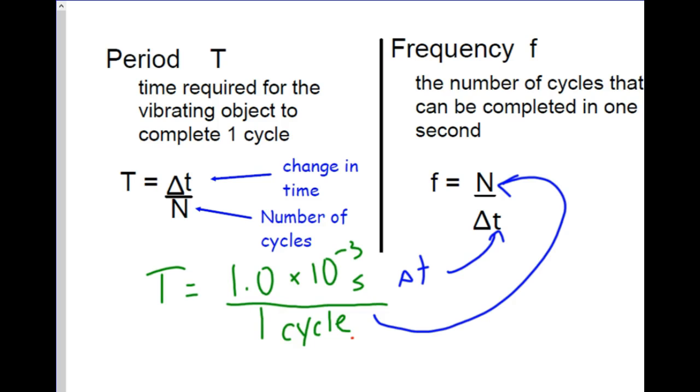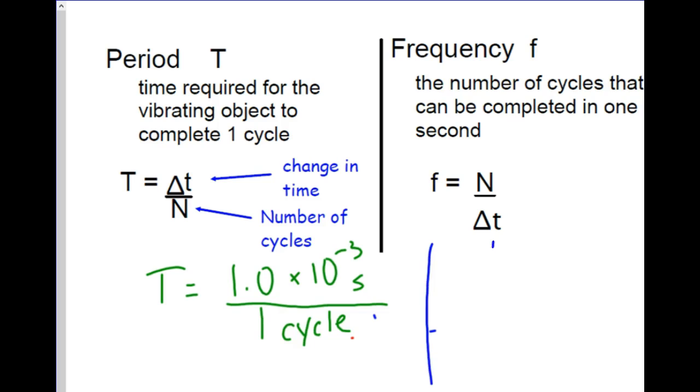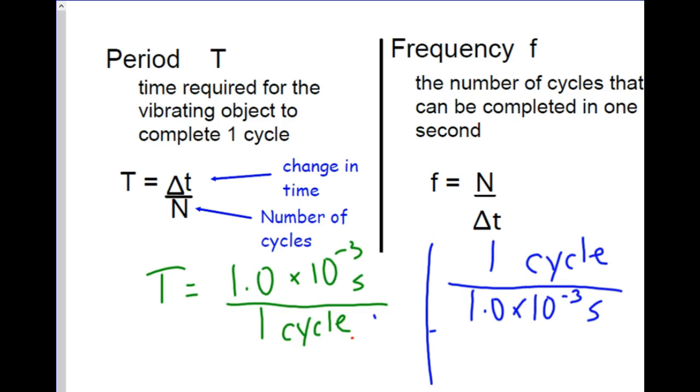Which means that to find out your frequency, it is 1 cycle over 1.0 times 10 to the negative 3 seconds.